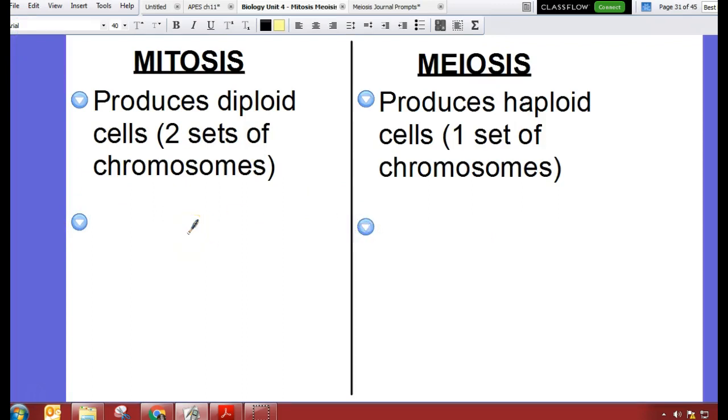All right, since mitosis makes an exact copy, if we start with 46 chromosomes, we're going to end up with cells that also have 46 chromosomes. So it produces diploid cells, and diploid cells have 2 sets of chromosomes.